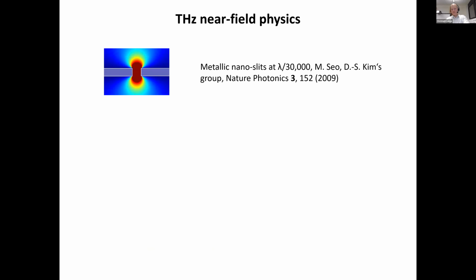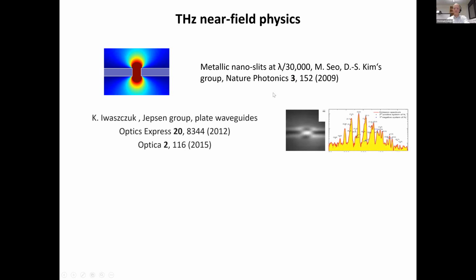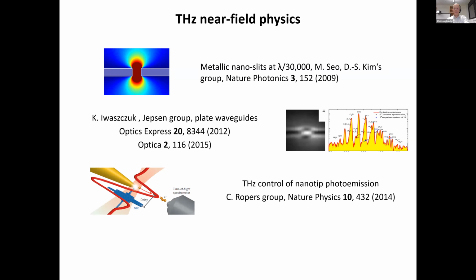Other experiments in this direction include metallic nanoslits, for example, the one by Daisy Kim's group, which can reach just tiny fractions of the vacuum wavelength and thus have extreme field enhancement.